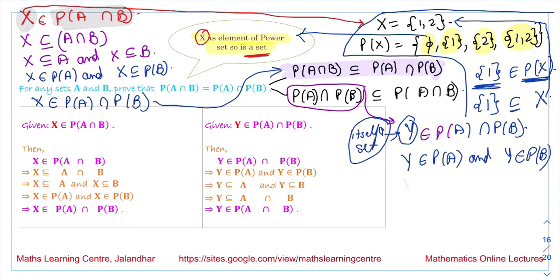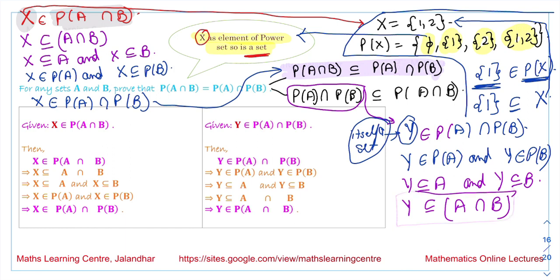So this gives us that Y is a subset of A and capital Y is a subset of B. So this gives us Y is a subset of A intersection B, and this is what we have to prove.